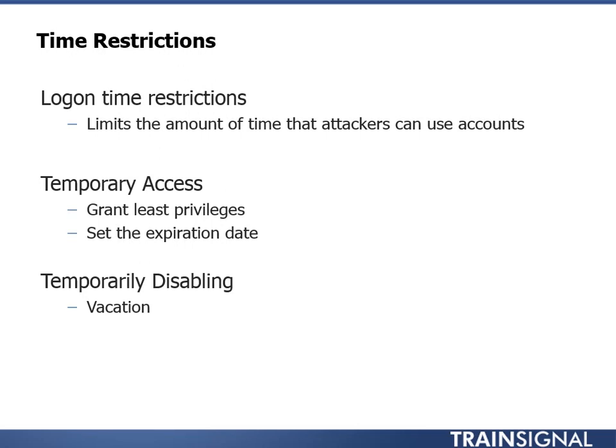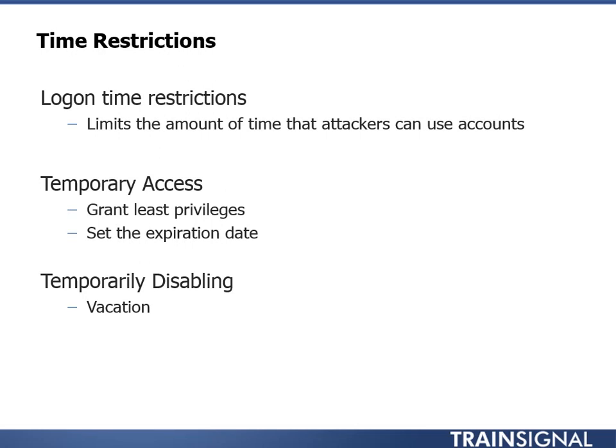You can also grant temporary access by setting an expiration date on an account. For example, if you hire a contractor to work for 1 month, set their account to disable itself automatically after that period of the contract is over. Now, you might renew their contract, but as part of the contract renewal process, you should have a process for extending the expiration date of the account.